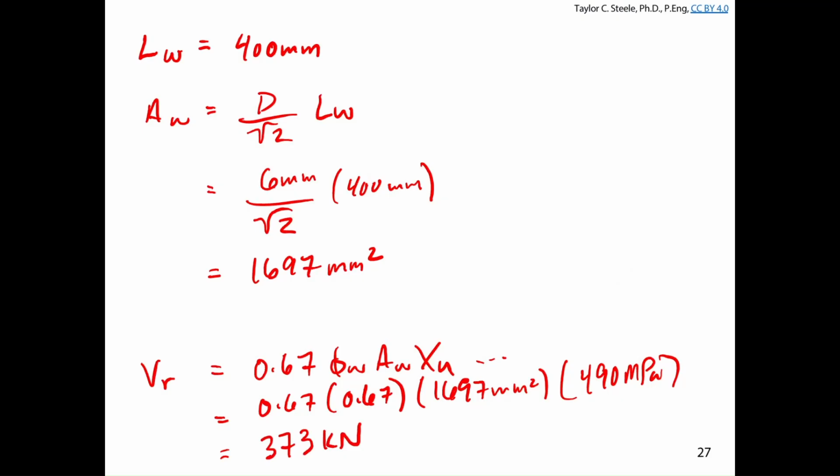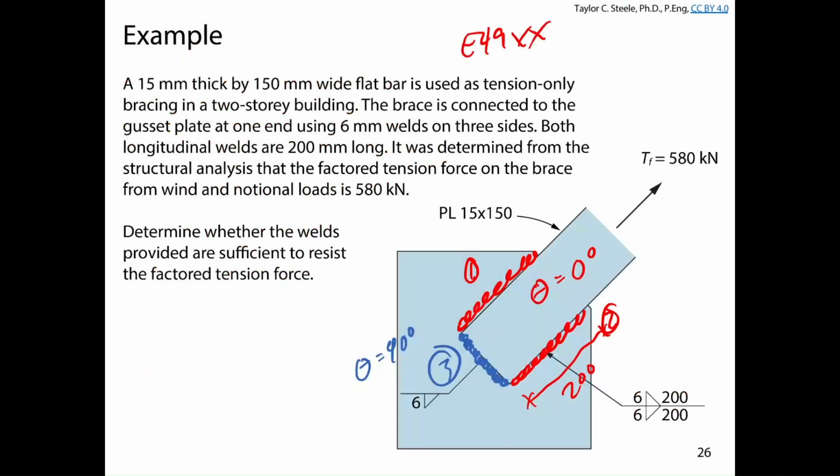Any questions about that calculation or what that means before we go to the next segment? So that's the strength of these red welds, all on their own, as if the other weld wasn't present. And if we didn't have a blue weld there, the strength of the connection would be 373 kilonewtons.